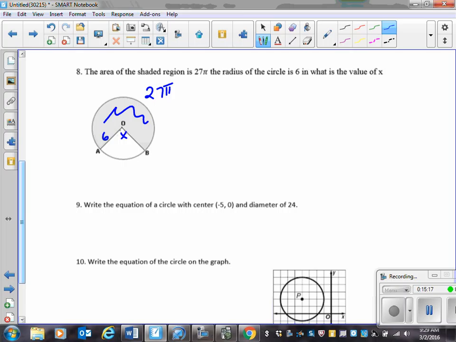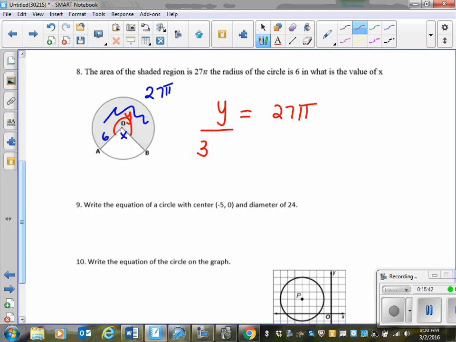So you're looking for the degree measure. What I will do is, the only one I can find is the degree measure of this angle. Then whatever it is, I can subtract it from 360. So I'll label this as my y. When the degree measure is y, the area of the shaded region is 27 pi.